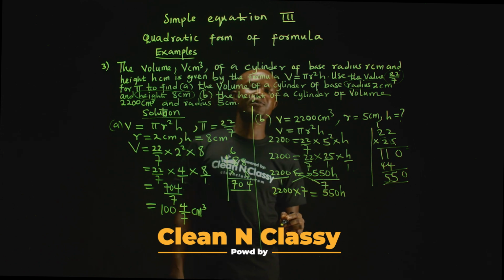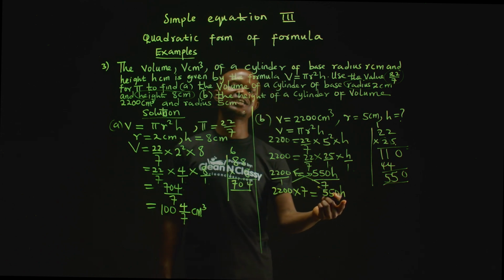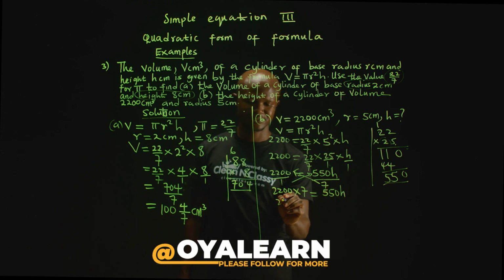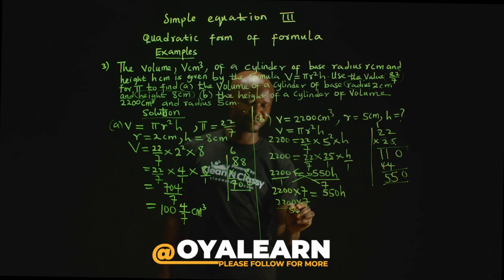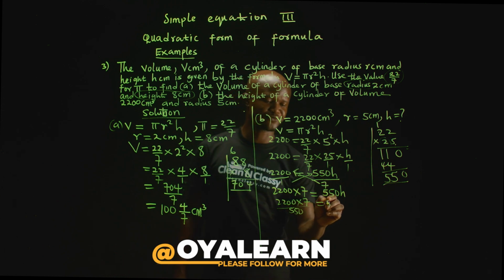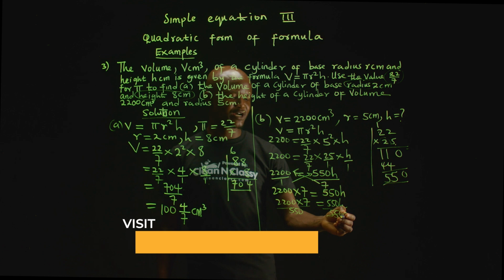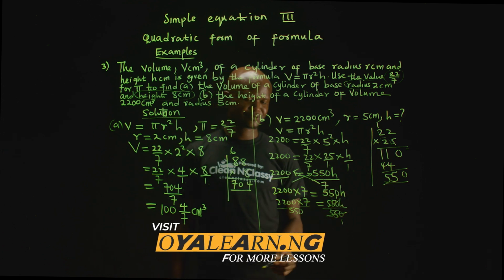Now, dividing both sides by the coefficient of h, which is 550: 2,200 times 7 divided by 550 equals 550 h divided by 550. 550 divided by 550 is 1 on this side.